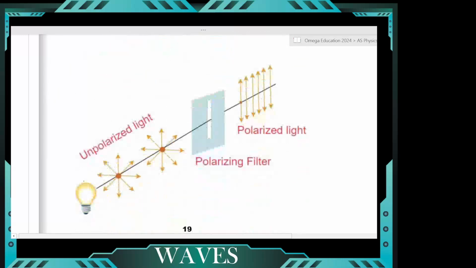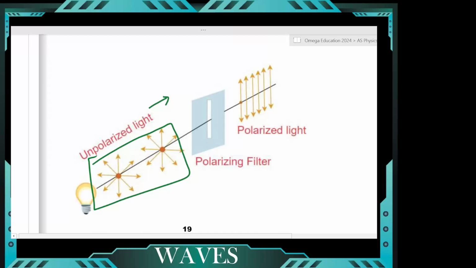So check it out. This is your source of light, and this is the light that you get from that source. And in this one, as you can see, the particles are oscillating in all directions. As the light moves forward, we have placed something that we call a polarizing filter in the path of the light.